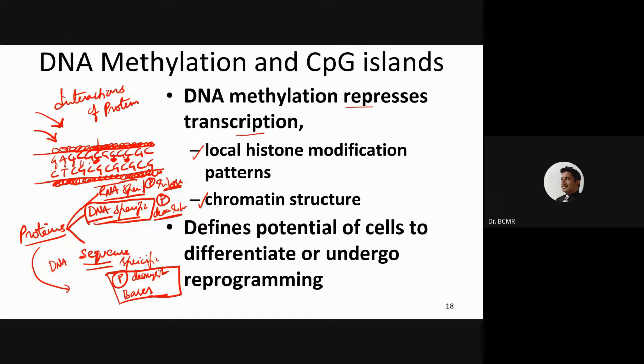Keep that in mind, because some proteins can bind only to unmethylated sequences. Some can bind only to methylated ones. Some proteins do not care whether the DNA is methylated or not. It all depends on the interactions of the protein with the DNA, and whether these methyl groups are required for the stable interaction or not.